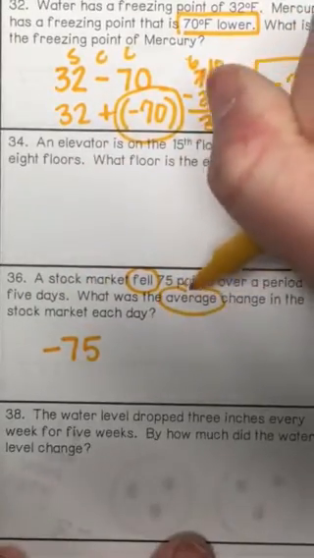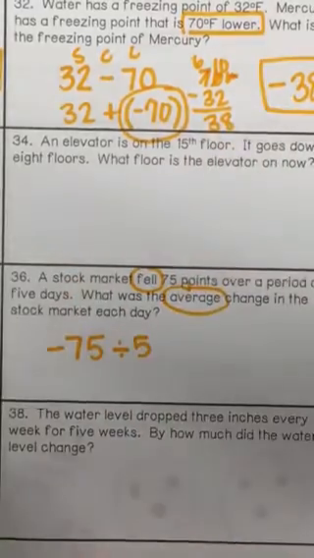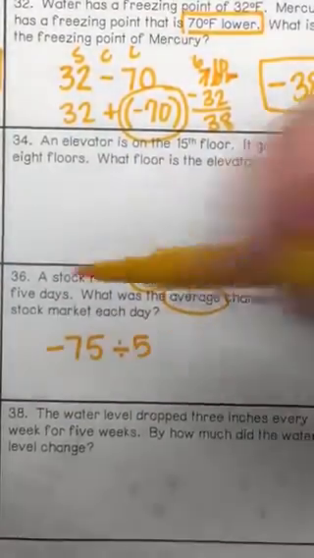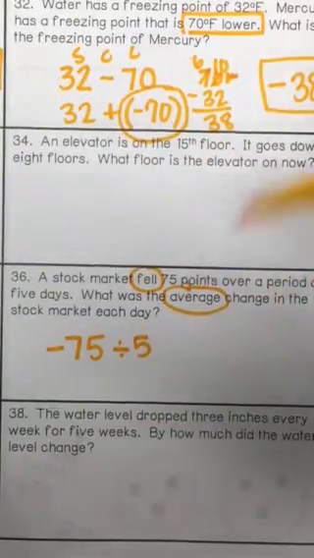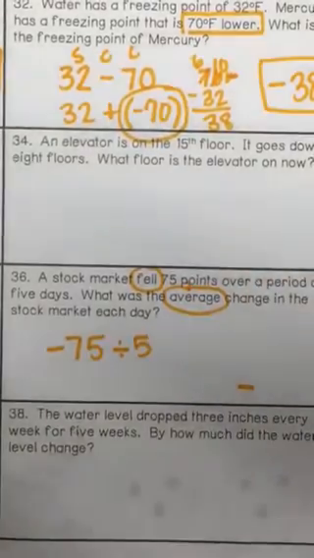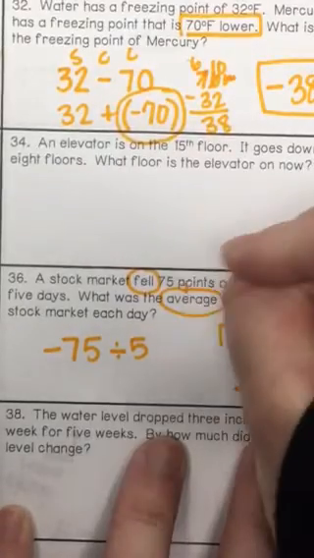So remember that to find the average, we have to divide by 5. Our rules for division are we divide and then keep the sign. If the signs are different, the answer is negative. If the signs are the same, the answer is positive. I know that my signs are different, so my answer has to be negative in the end.